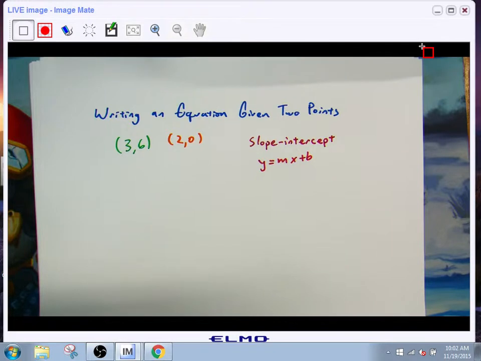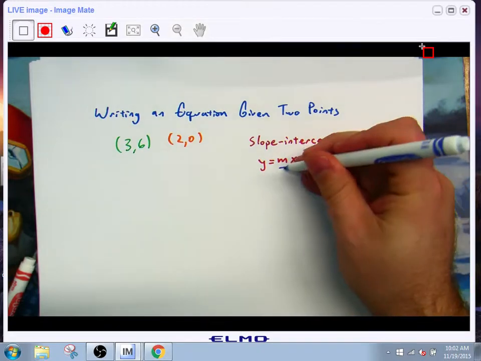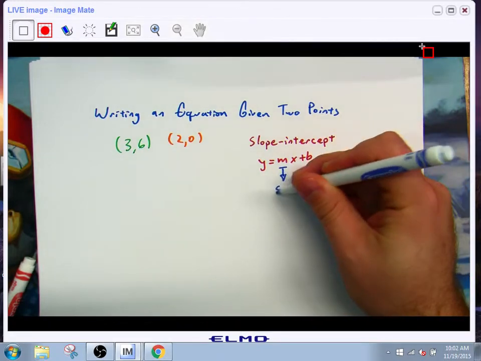Standard form, y equals mx plus b. The slope formula that we learned yesterday is going to be critical in what we're doing, because we want to figure out what this m is. M is our slope.